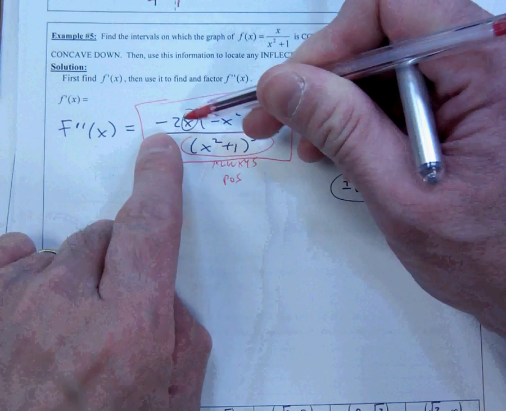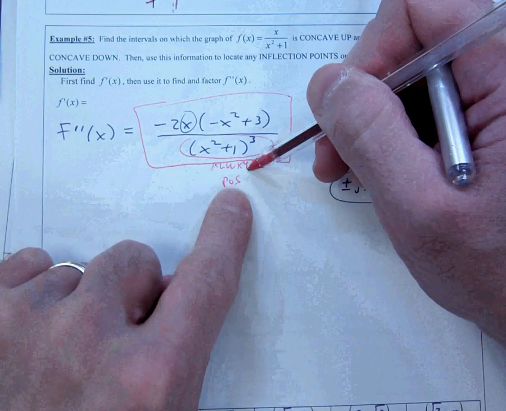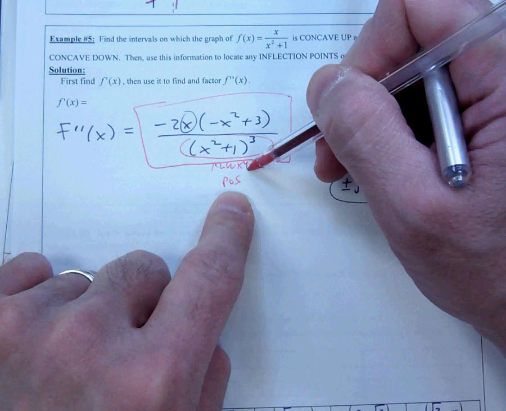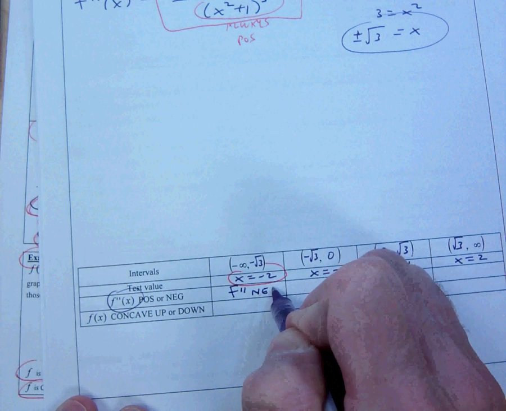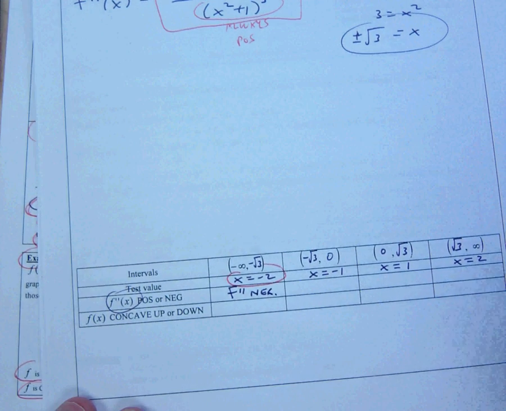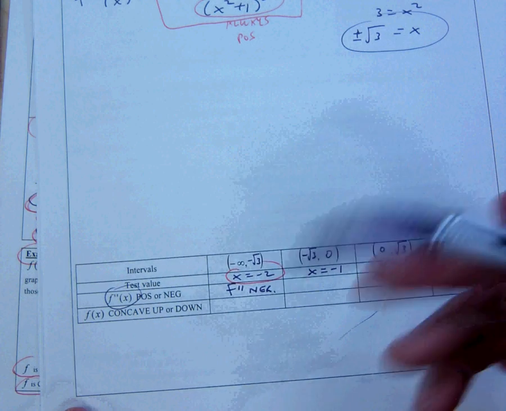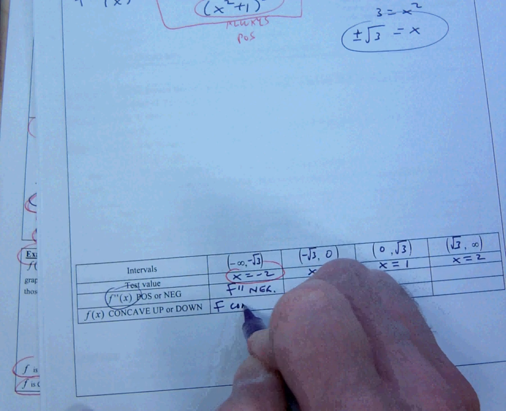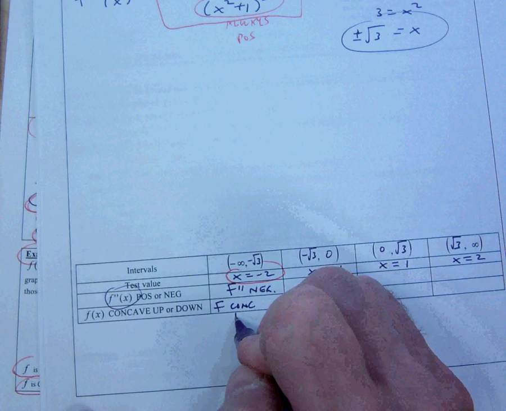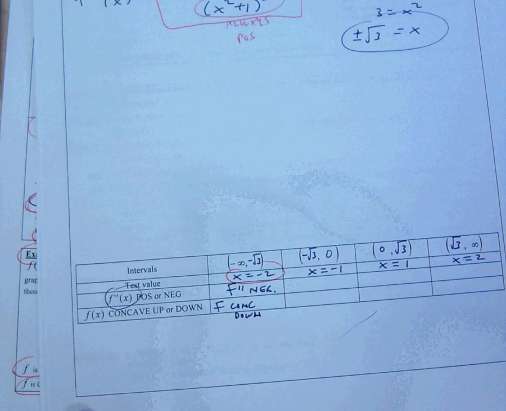So I got a positive times a negative over a positive. What is that? It's a negative, isn't it? Everybody agree F double prime is negative on that interval? And therefore, F is concave down. Agreed?